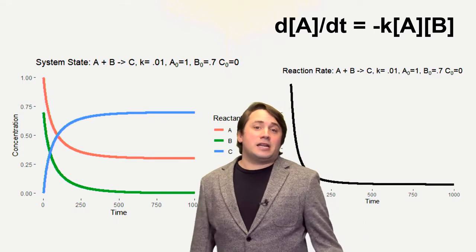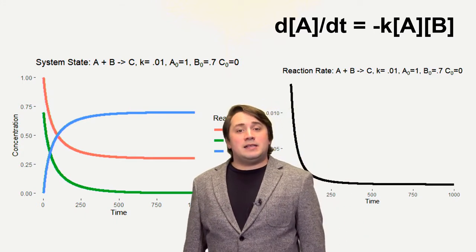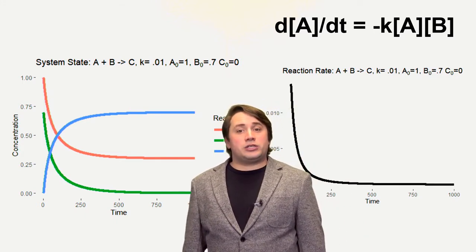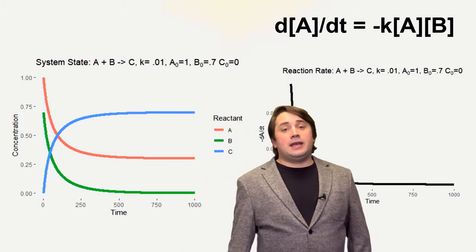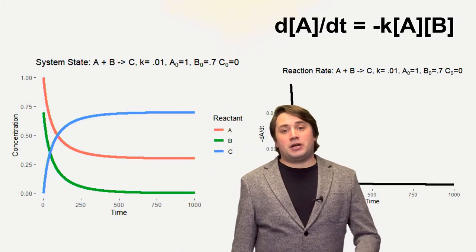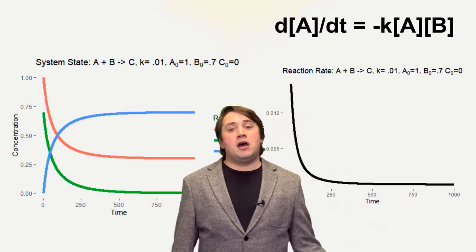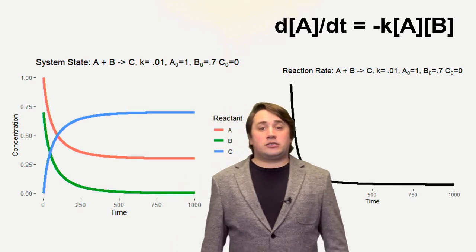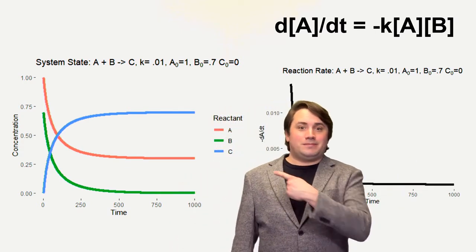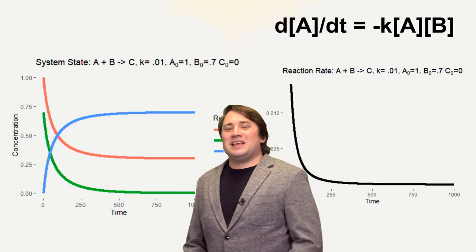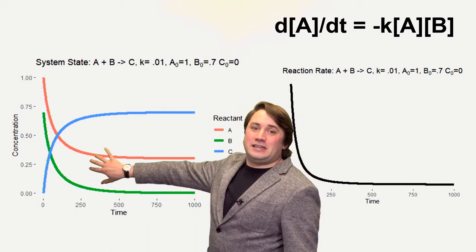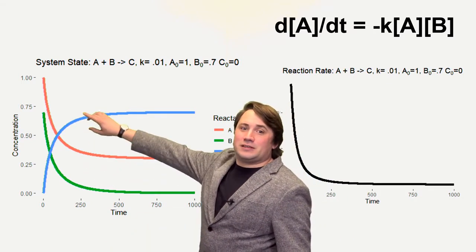And the first case that I want to consider is what happens if one concentration of reactant, say B, is much greater than the concentration of A. So in this example that we have over here, these concentrations are different, but they're not that different.